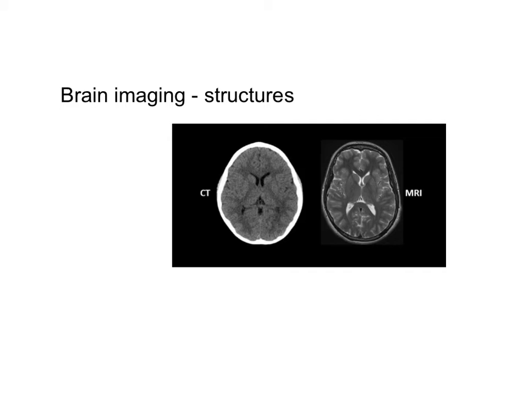The first way to study a brain is to look at the actual structure of the brain itself, so the actual physicality of the brain. There are two ways to do that, a CT scan or an MRI. A CT scan is going to use X-ray images that are going to produce cross-sectional images, meaning slices across the brain.